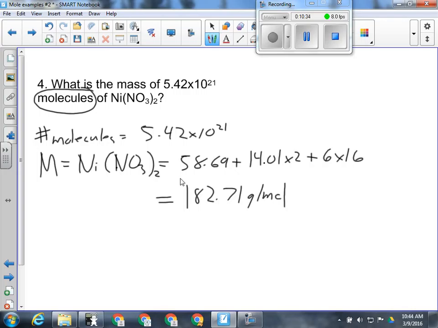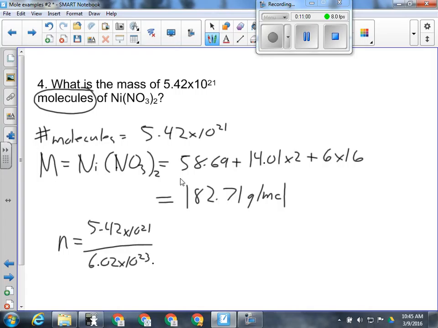What can I find if I have the number of molecules and Avogadro's number? The number of moles. N is going to equal 5.42 times 10 to the 21 divided by 6.02 times 10 to the 23. It's like someone asking me to figure out how many dozen eggs I have if I have 6 eggs. Do I have even a dozen eggs?